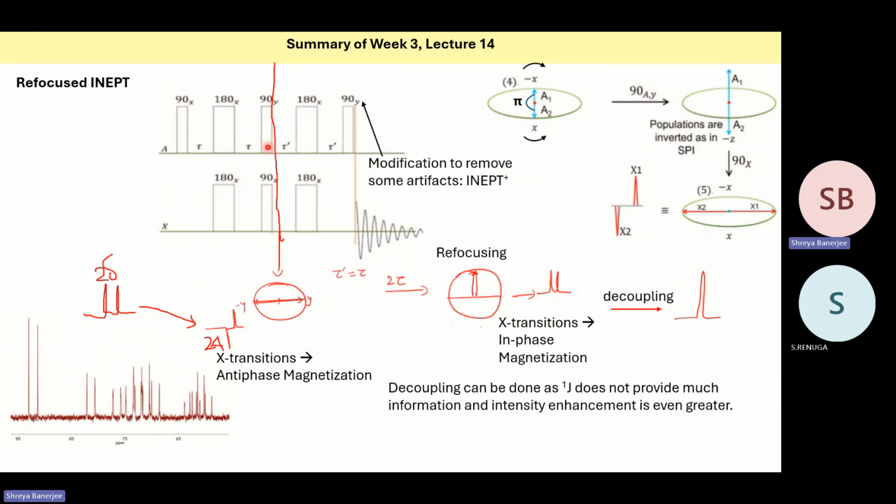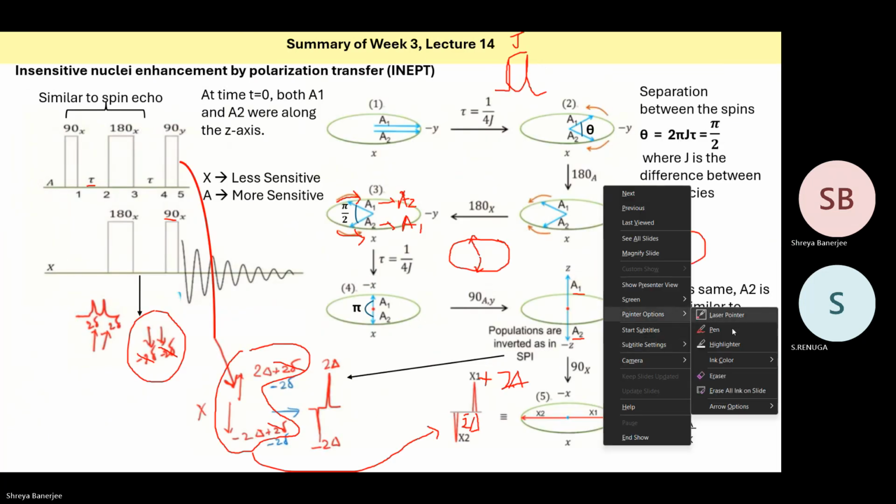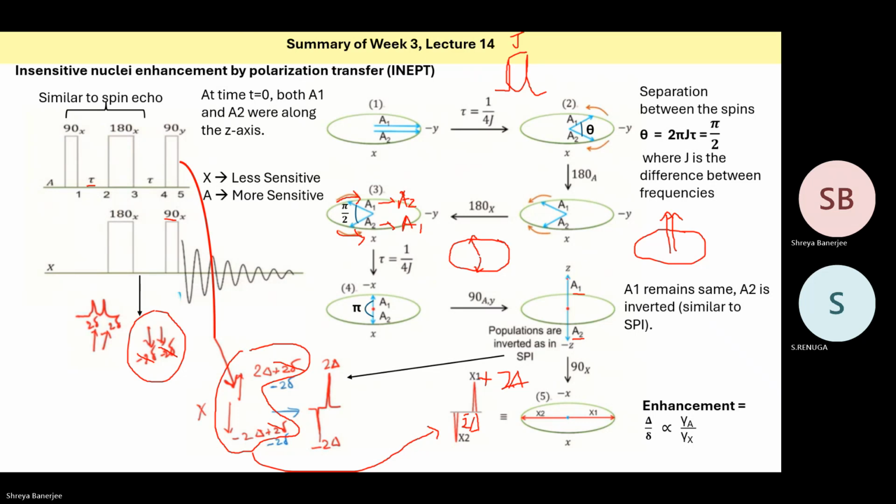Now you are giving a time tau. So tau dash plus tau dash, basically 2 tau, you are giving. You are allowing the signals to refocus. Here you're putting a 180x. Ignore this 90y right now. If you remember, A1 was moving in this direction, A2 was moving in this direction.